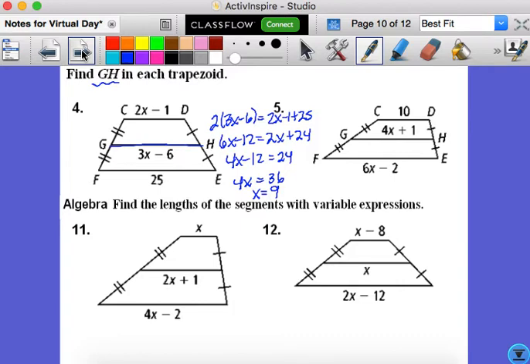So I need to go back to that midsegment and say GH would equal 3 times 9 minus 6. So I've got 27 minus 6, which is 21. Go ahead and try 5 on your own. Pause the video and then come back to check.